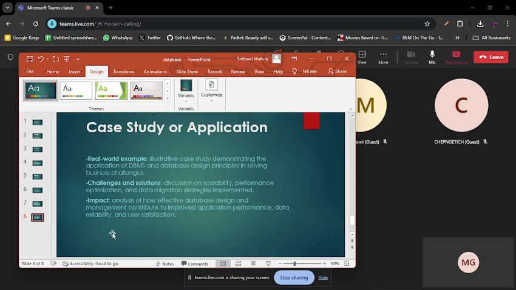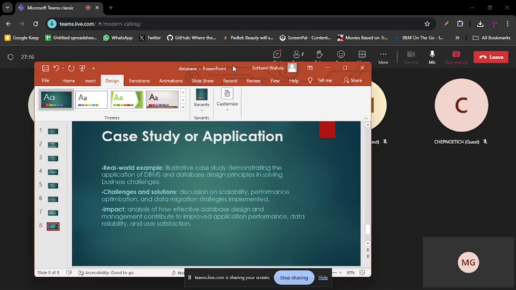The impact of effective database design and management contributes to improved application performance, data reliability, and user satisfaction.